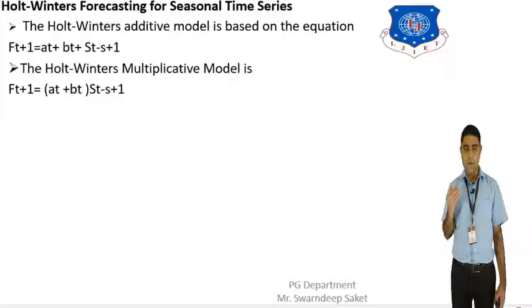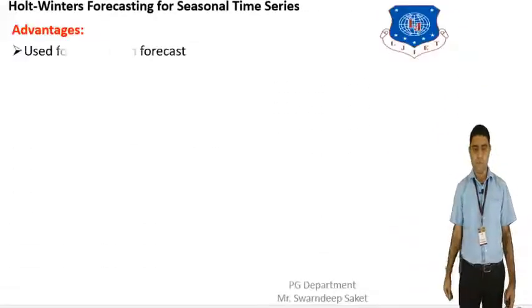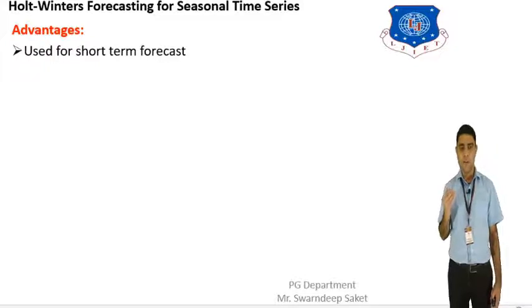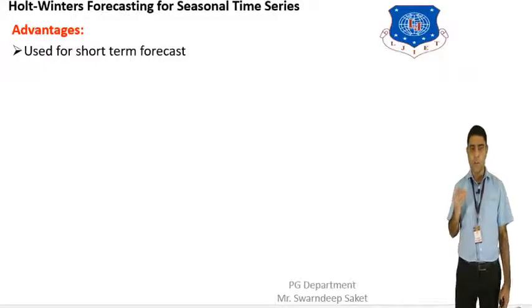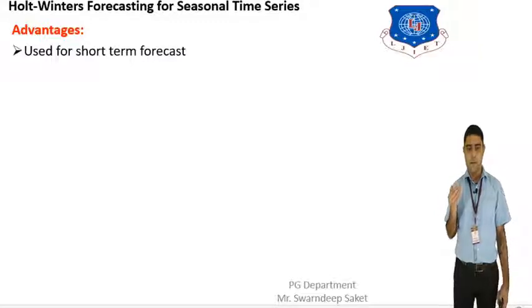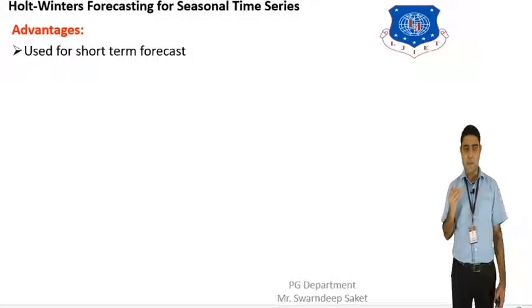Holt-Winters forecasting model. First advantage is that it is used for short term forecasting. The Holt-Winters method is basically used for short term, not for long term data, like for 3 months or 5 months. Then we can calculate the forecasting of time series data. This is the easiest method to calculate short term forecasting.